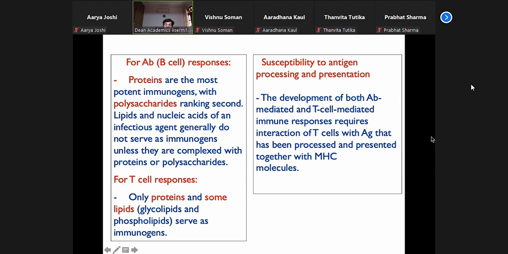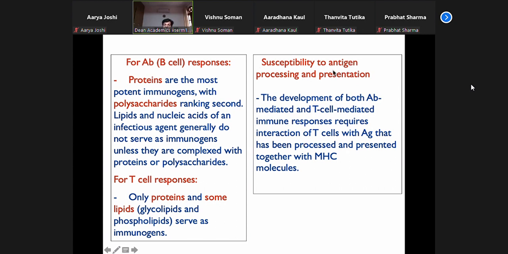For T cell responses, proteinaceous antigens are the ones which can activate your T cells. For B cells, you can generate antibody response against polysaccharides, lipids, and even nucleic acids to some extent.